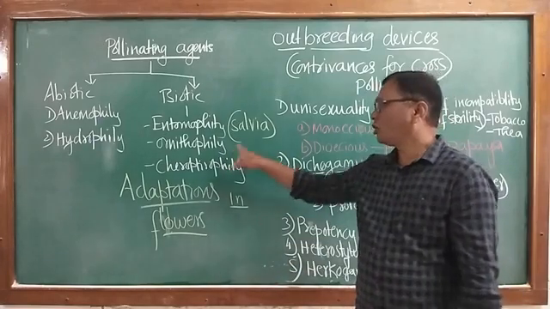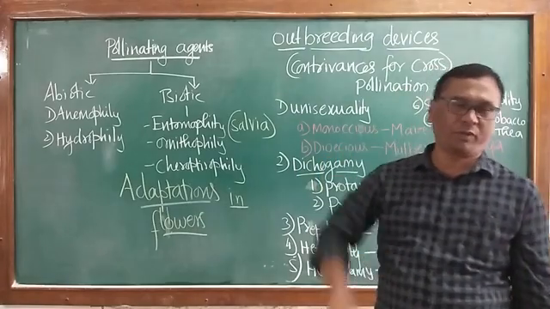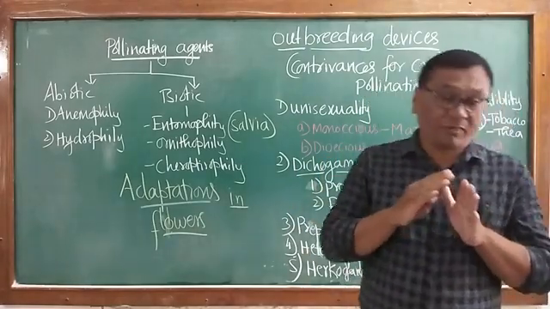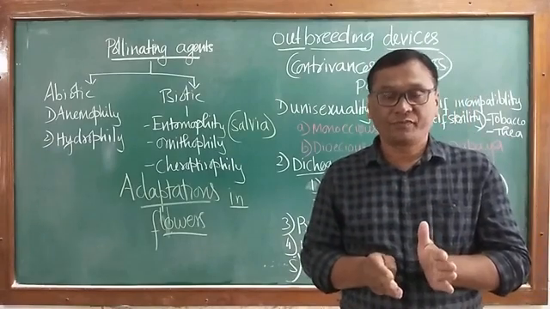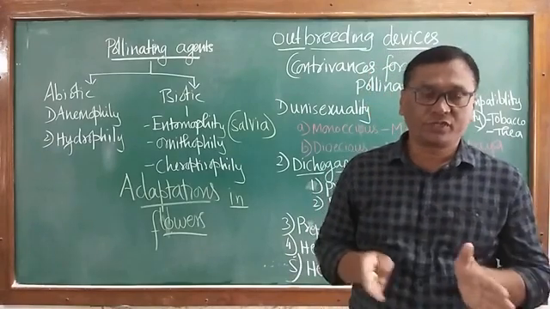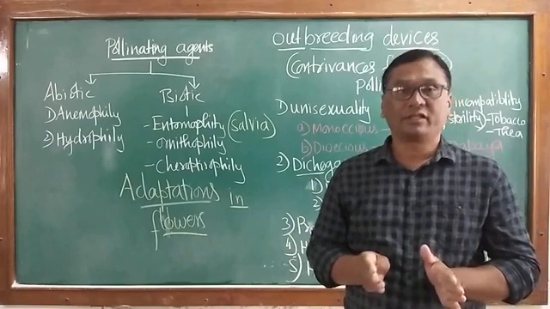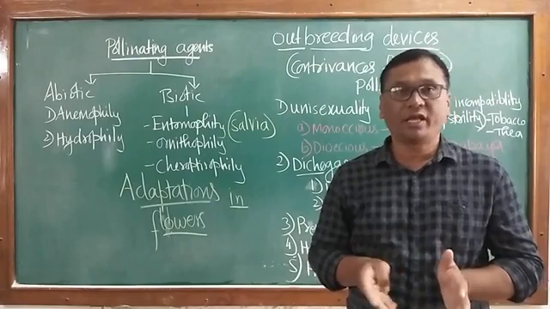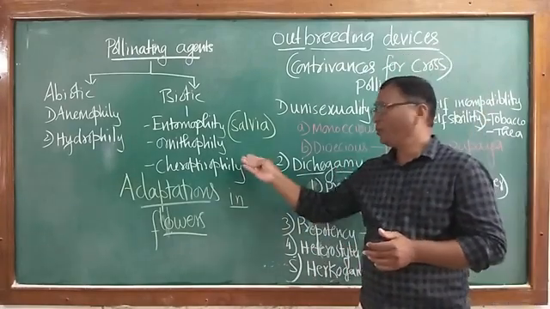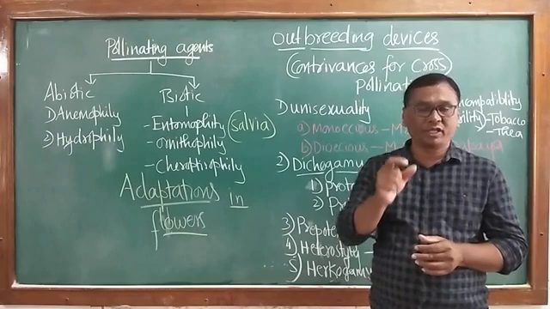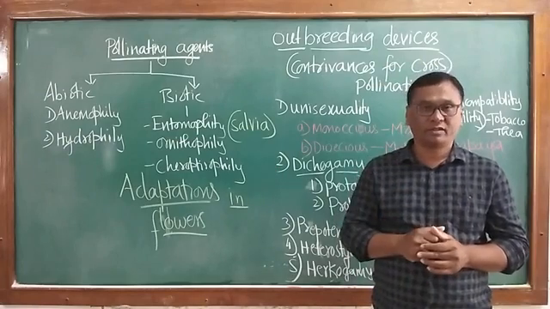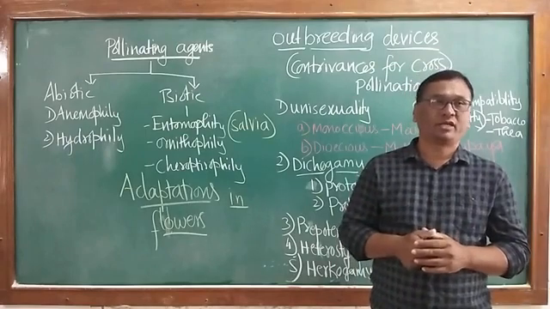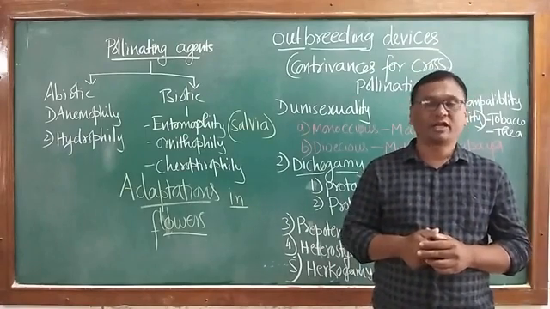The most common feature which we have to remember in Ornithophilia is that the ornithophilous flowers do not produce fragrance, the scented smell, because the birds are very poor in the sense of smell. The birds cannot smell the scented fragrance.